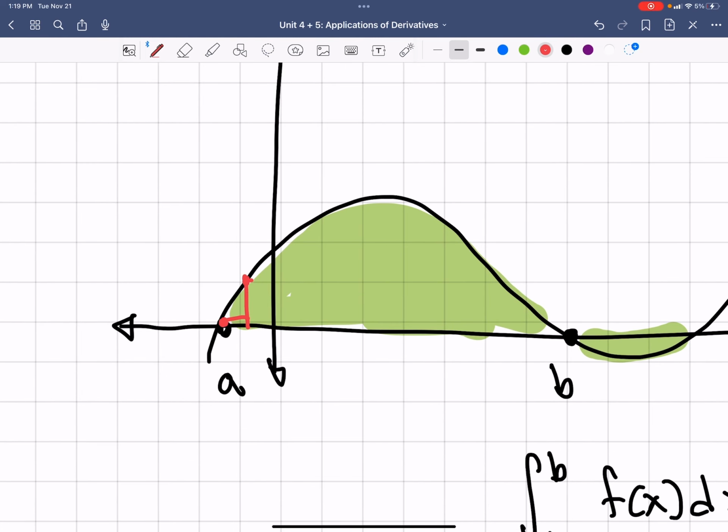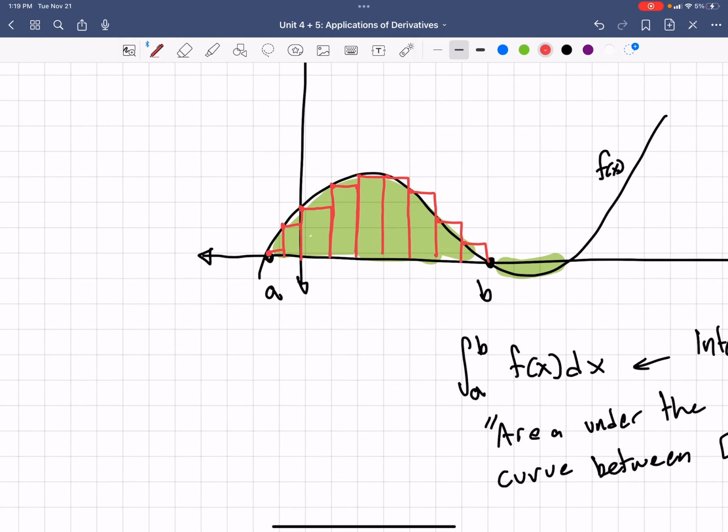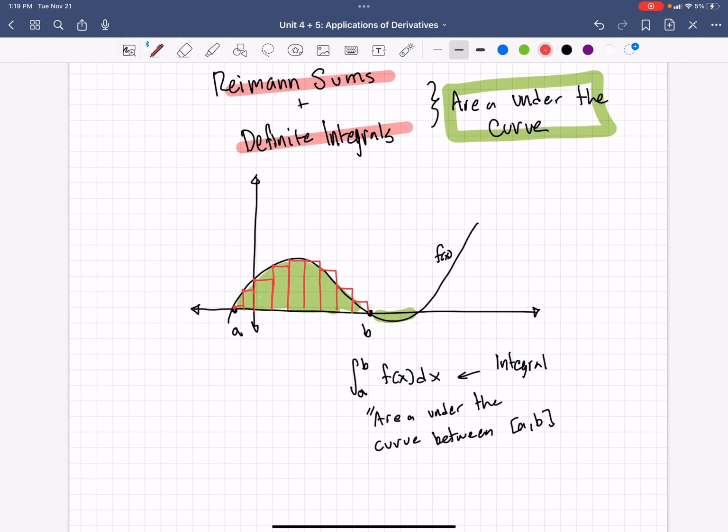You draw a point here and a rectangle, and you just make rectangles until the next point right here, and then what we're gonna do is called an approximate sum, where we're gonna approximate it. It's not gonna be perfect, but we're gonna try and approximate our area like this using rectangles, right? Later on, we're gonna go over how to find the exact area, but for now, we're gonna do an approximate.